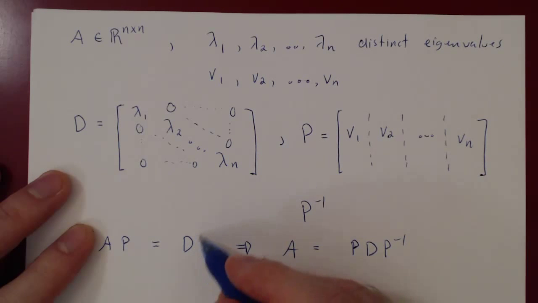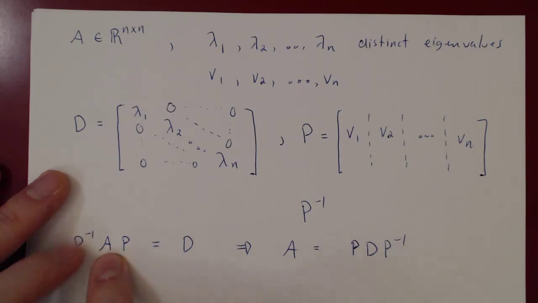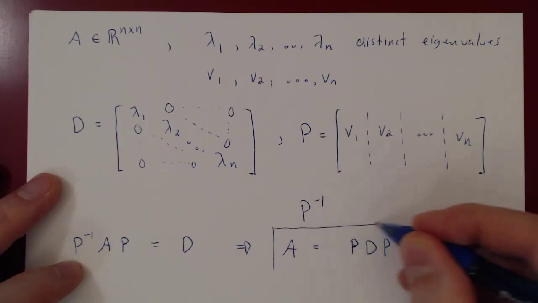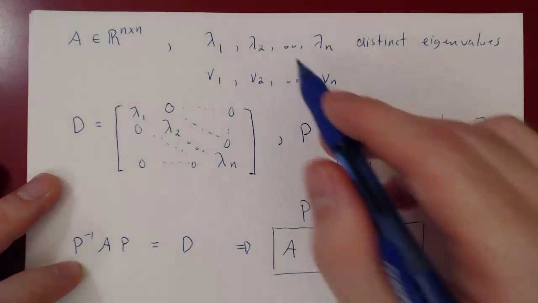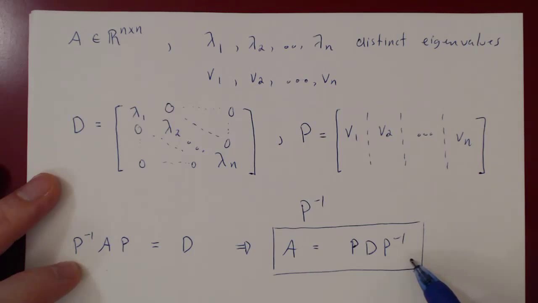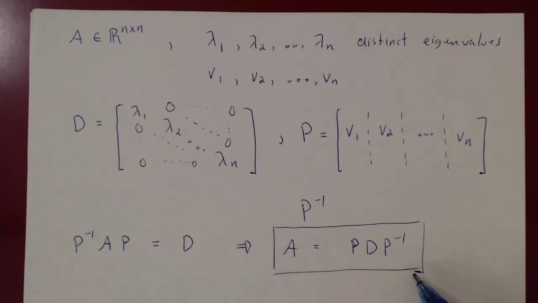So you have D P inverse, and the P inverse will cancel the P here. So you'll be left with A is PD P inverse. And this will always be true as long as these eigenvalues are distinct and the matrix P is invertible. This will always work. And the question is, well, why is this useful?